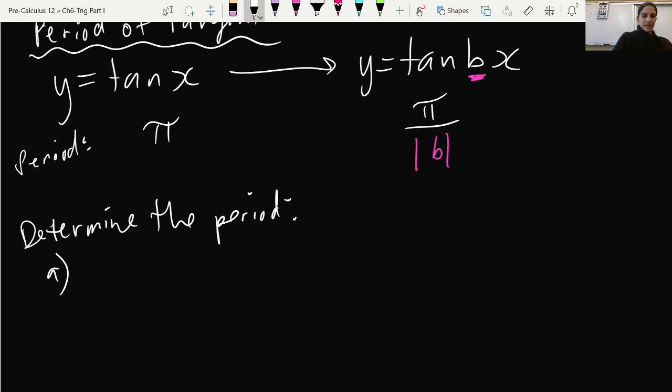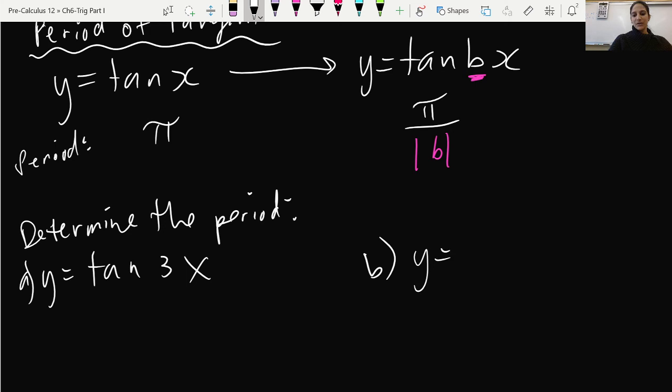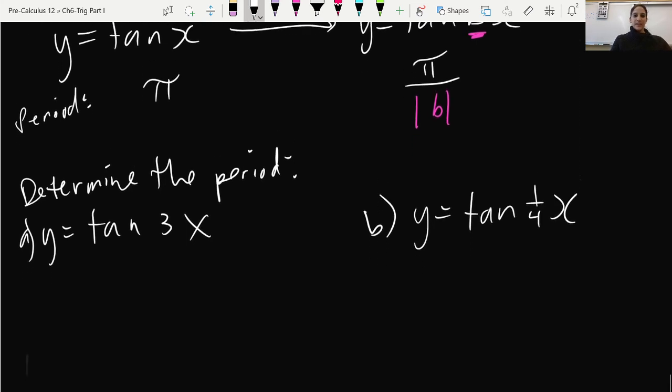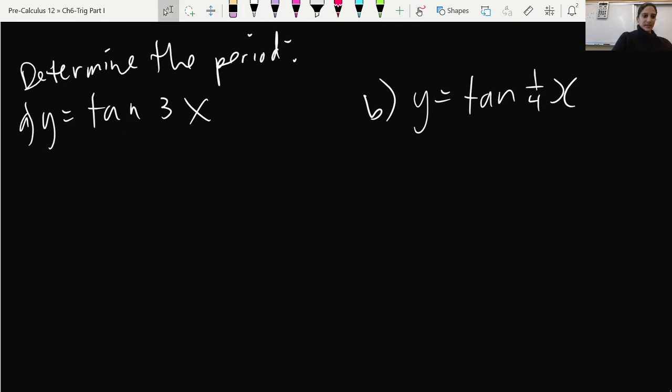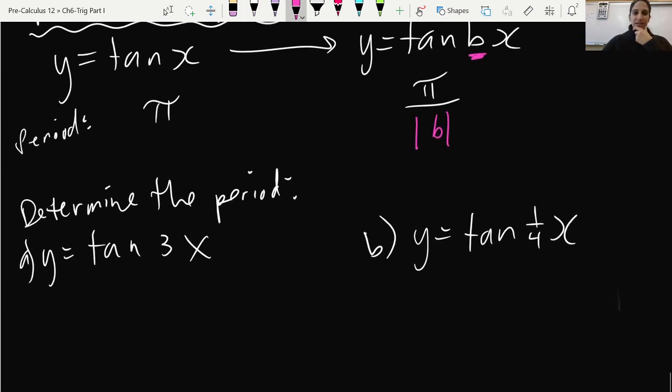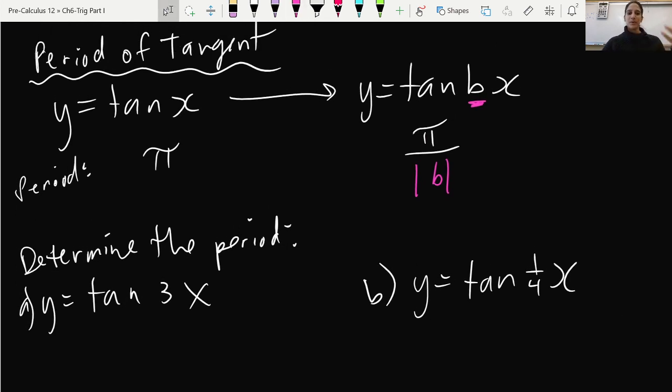A would be y equals tan 3x, B is y equals tan of 1/4 x, and let's do that first and then I'll give you some more. Again, I would want you to hit pause right now, try this on your own, and then hit play when you're ready for the solution.